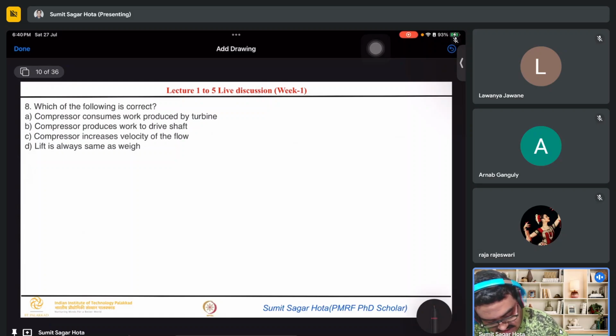Obviously the same thing I just told. Compressor consumes the work produced by the turbine. Okay, so just directly go to the next one.